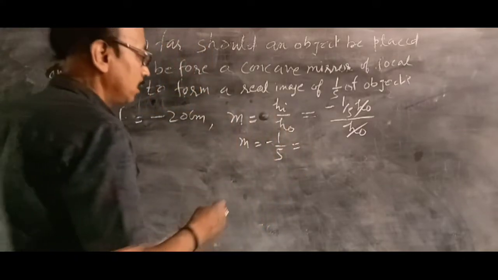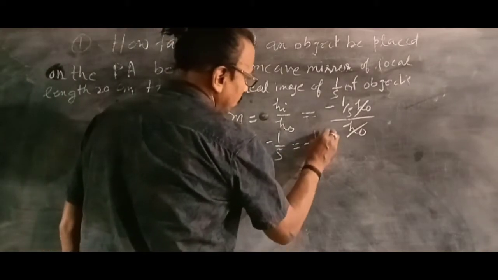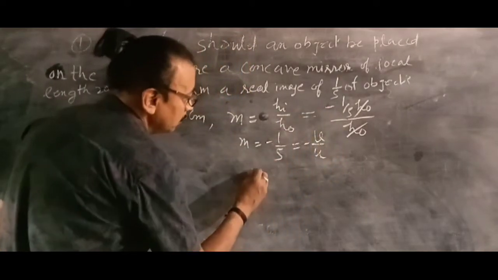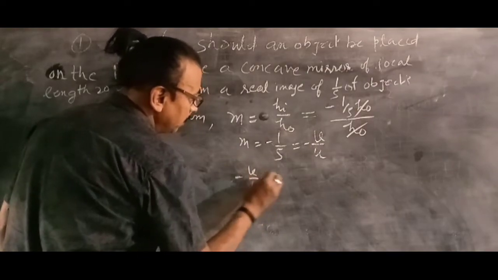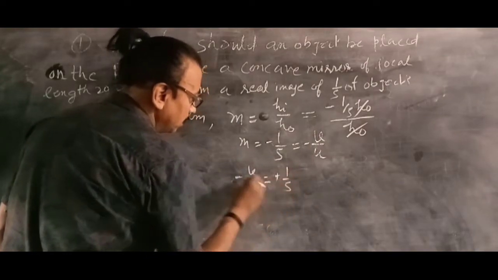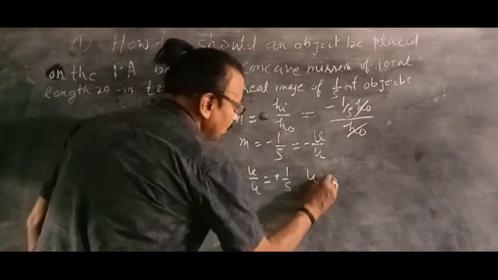Then we write value of m also equal to minus v by u, that is minus v by u equal to minus 1 by 5, minus minus cancelled out, u equal to 5v.